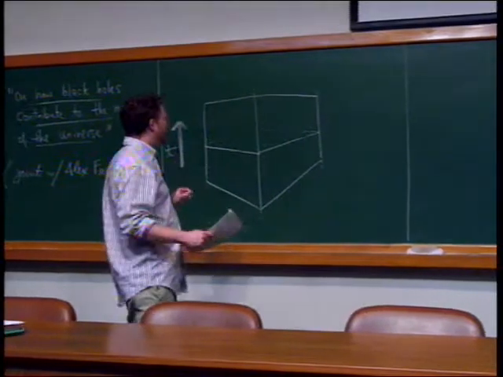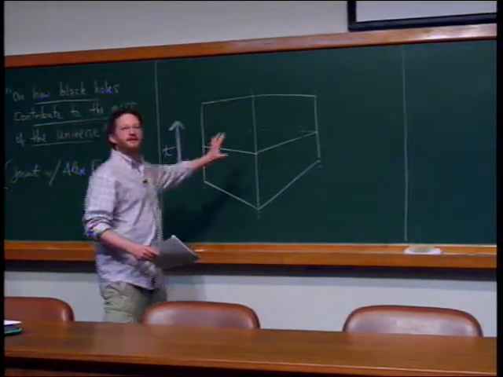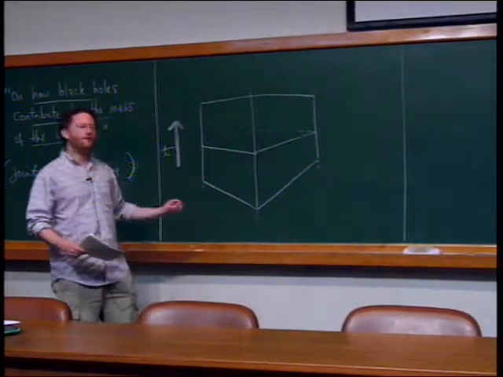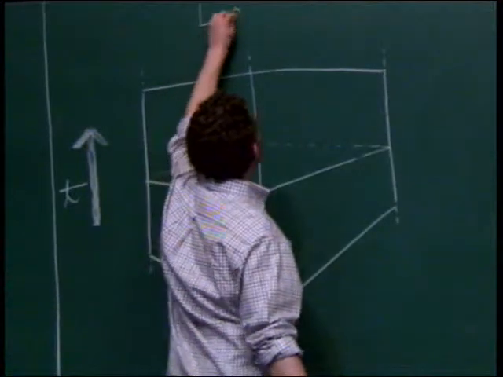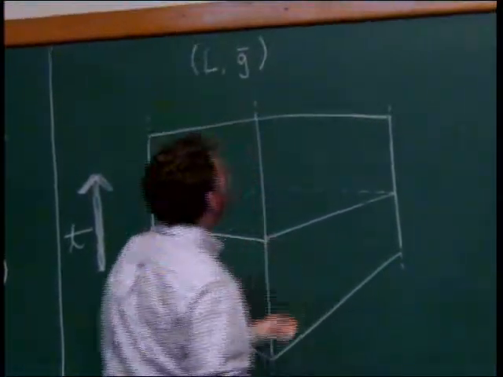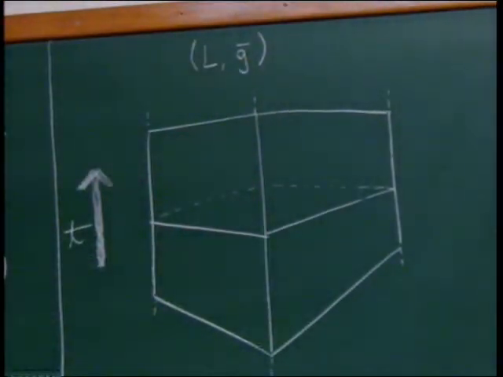So just to keep things simple, imagine this is space-time. Time flows that way, and this is some slice of space-time. Now space-time is some Lorentzian manifold L with a metric G bar. I won't throw in dimensions at this time because eventually we'll want to have it in arbitrary dimensions, so let's just leave it like this.